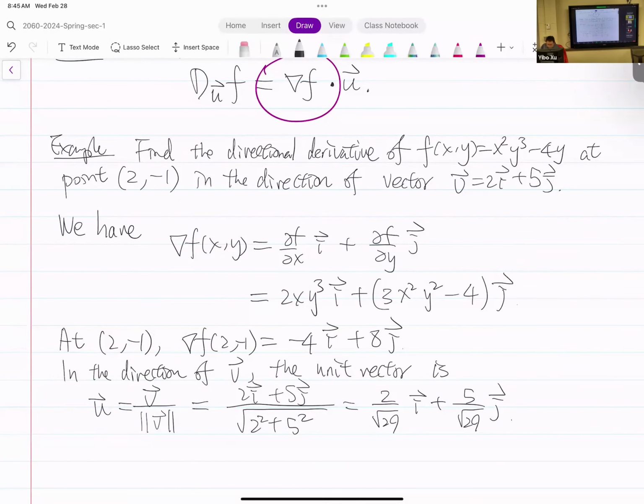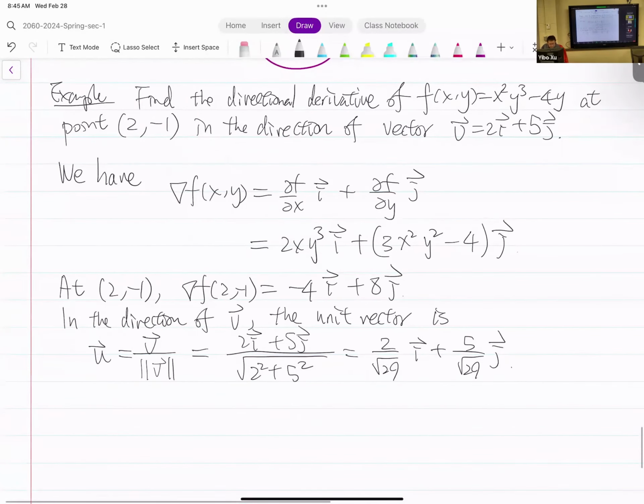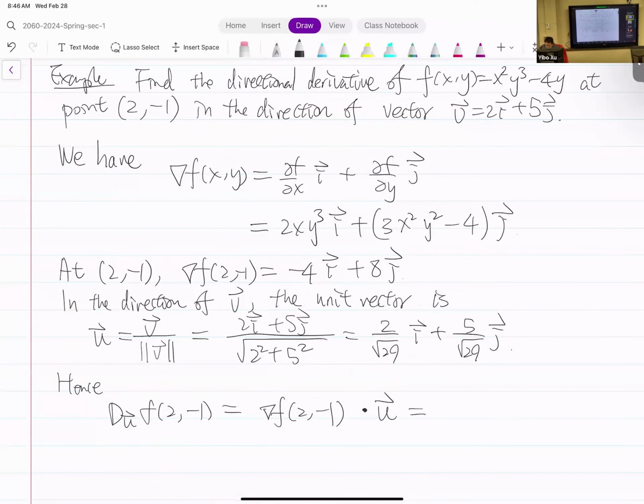And then we just dot. Hence, the directional derivative, D sub u of f at (2, -1), we just dot the gradient at the point with the unit vector that we calculated. So this is -8 over square root 29 plus 8 times 5, that's 40.